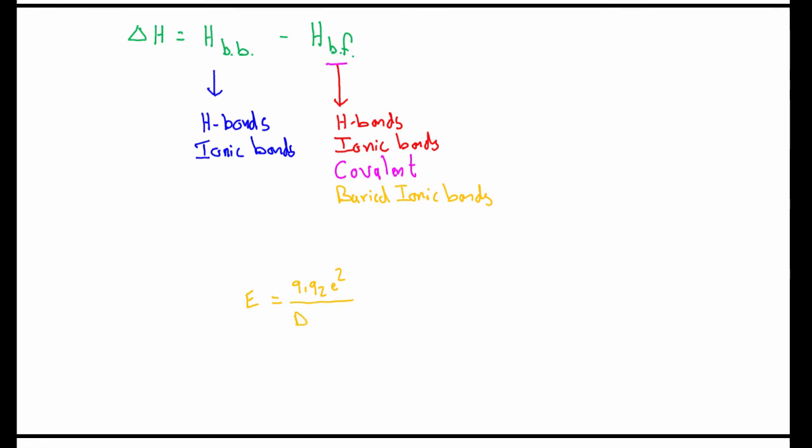And then D times L. Okay, and the important factor of this is going to be the D, the dielectric constant. And the dielectric constant, if you remember from chapter 2, is going to be about 80 in water, and it's going to be about 4 in the hydrophobic core.